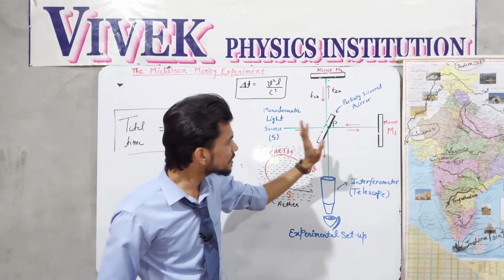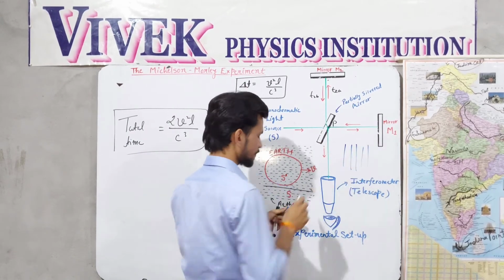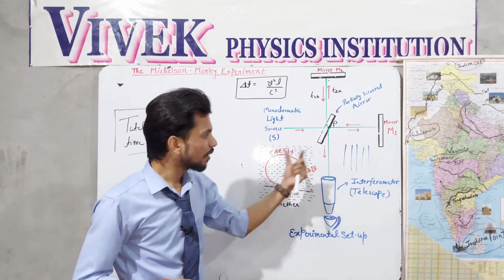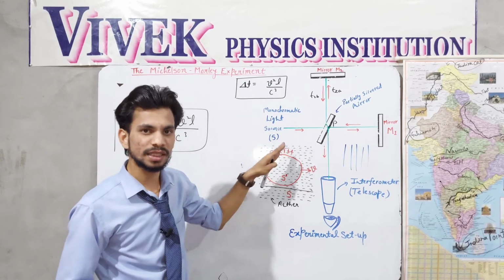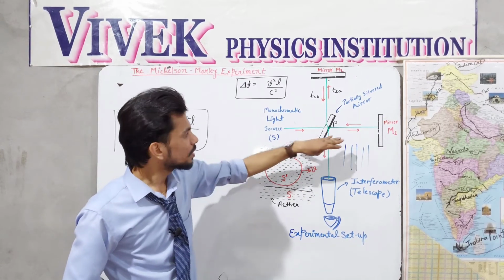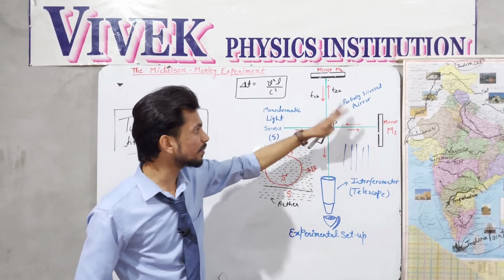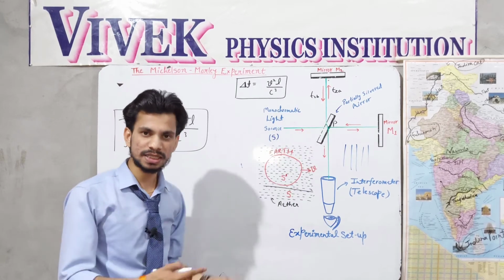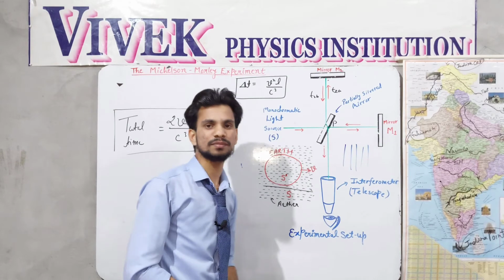The interference fringes obtained here, these strips, can be easily seen by this telescope. Okay, but when we rotate this complete experimental setup by 90 degrees, there should be a fringe difference, because now T1 becomes T2 and T2 becomes T1. So whatever the change or shift in the fringes, that can be calculated.